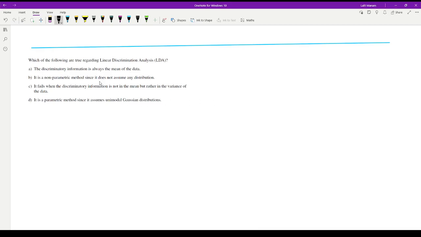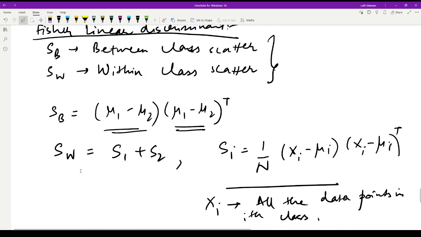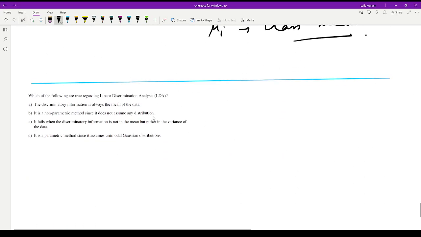Which of the following are true regarding LDA? The discriminatory information is always the mean of the data. Is it right? No. We discussed the whole idea and derived two matrices. The mean of the data is useful, but is it always useful?